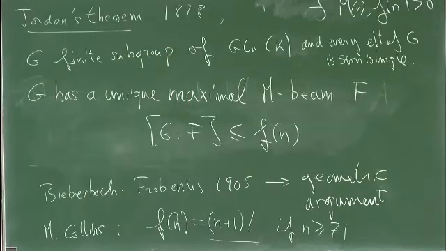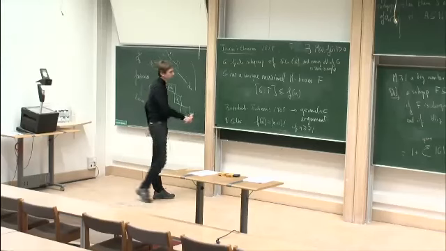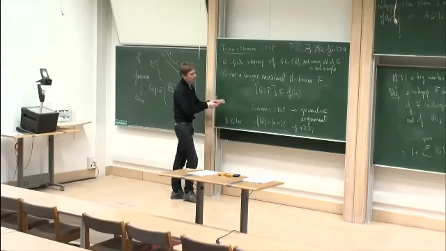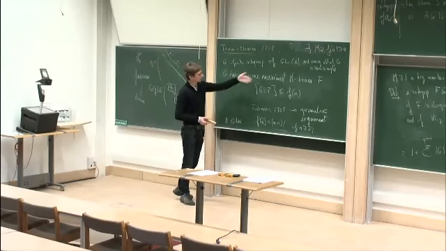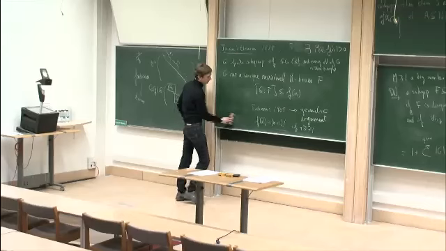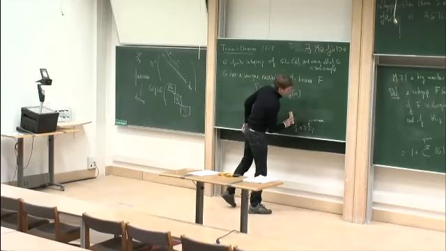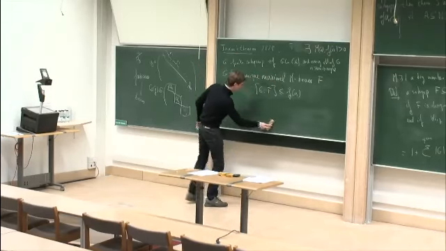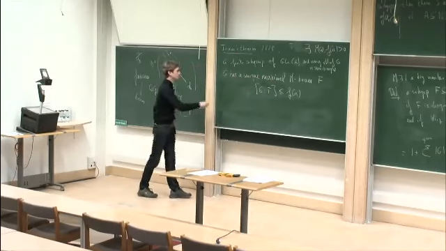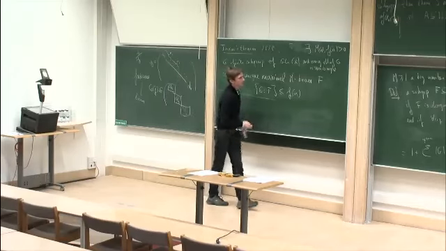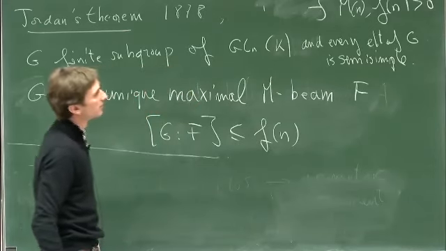So this is what Jordan establishes. Here, K is an arbitrary field. Of course, an m-beam is an abelian subgroup, so it implies the original statement.